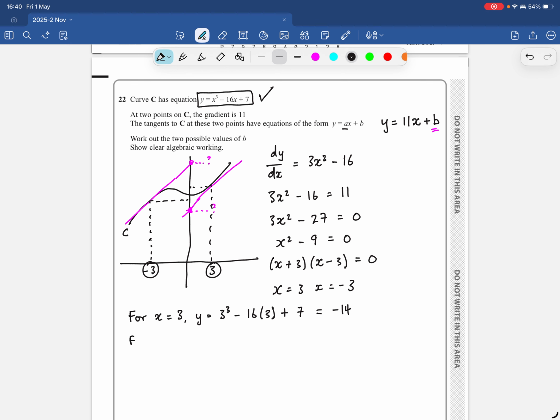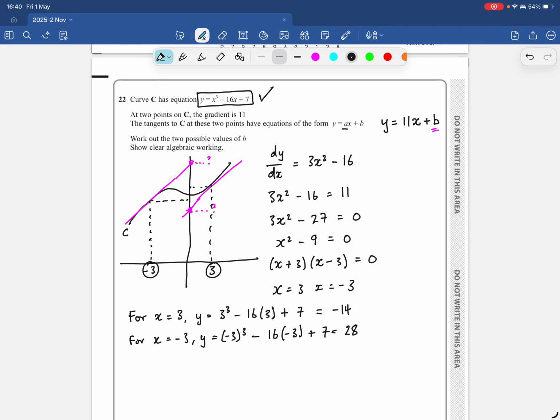And for x equals minus 3, we have y equals minus 3 cubed minus 16 lots of minus 3 plus 7. And that is minus 27 plus 48, which is 21, plus 7 is 28.